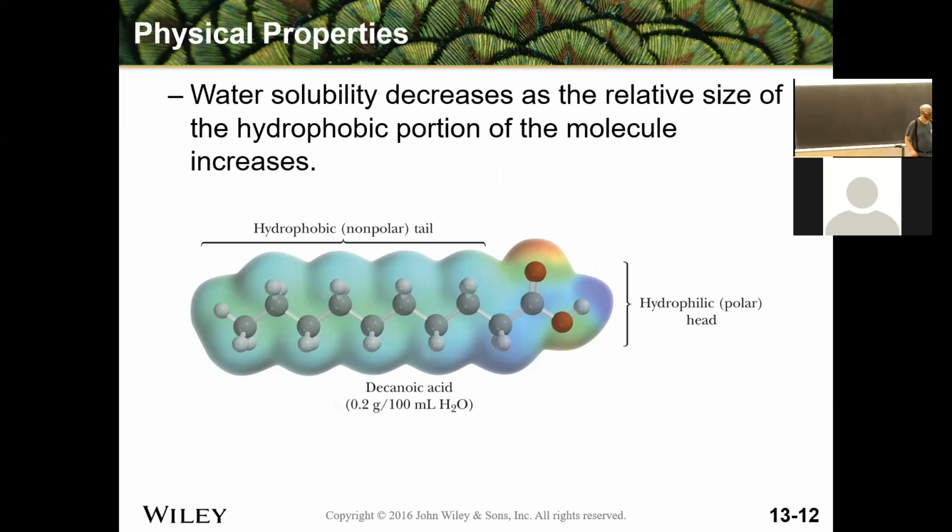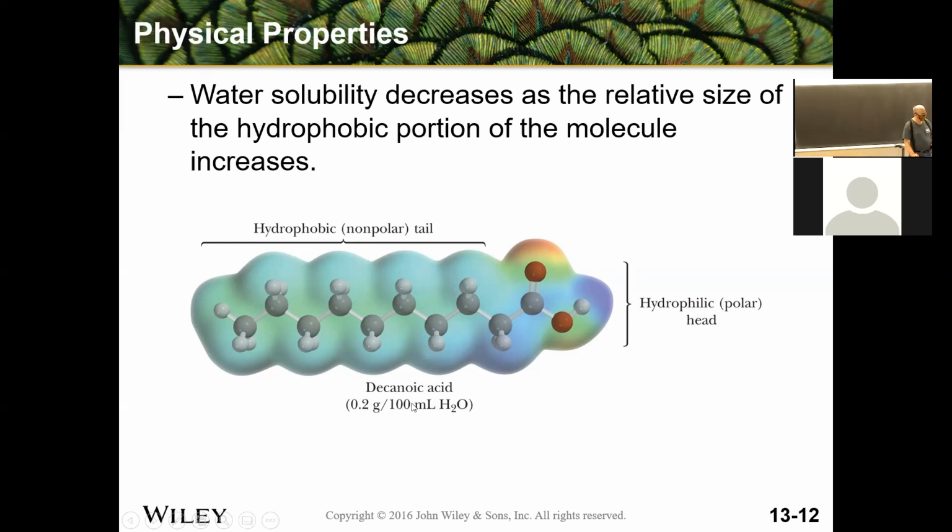Right, so here is decanoic acid. And just like with most of our other functional groups, water solubility goes down as the size of the carbon chain goes up. I think this diagram illustrates that well. We've got this polar end, but you notice most of the molecule is this nonpolar hydrophobic tail.